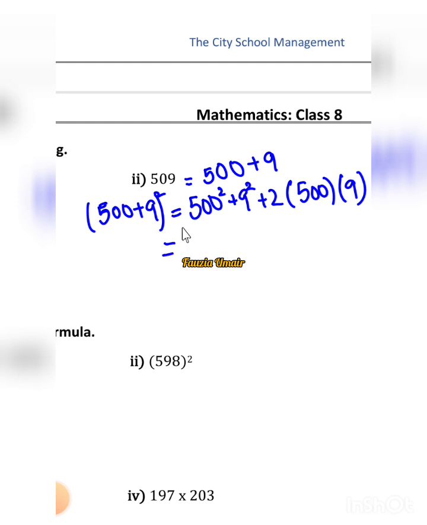So the answer would be 500 square is 25 and there would be 4 zeros, plus 81, plus, now 5 2s are 10, 10 9s are 90, so 90 and 2 more zeros, 9000. Now if you look closely, this 25 has a separate place value, 9 will come here and 81 will too. So it's very easy to add these numbers.